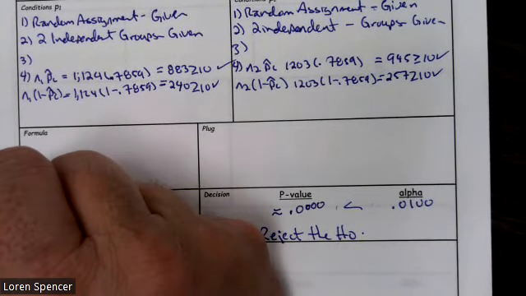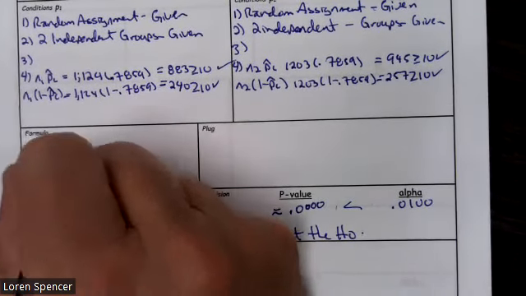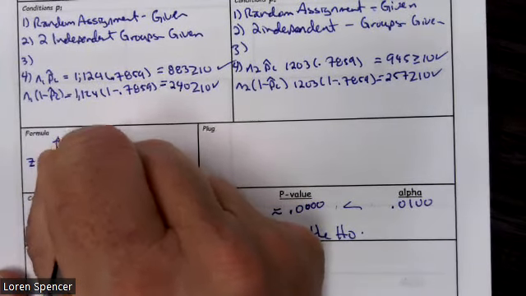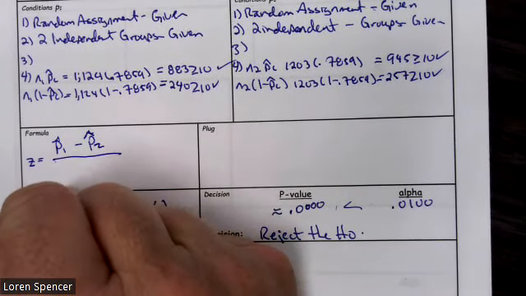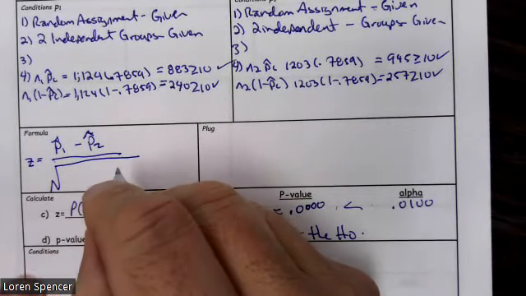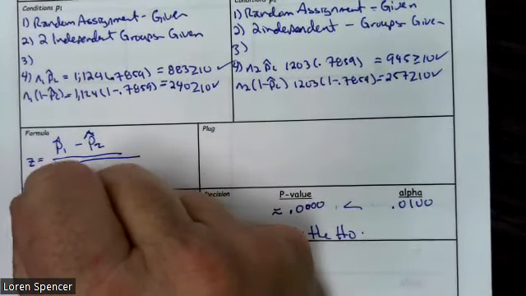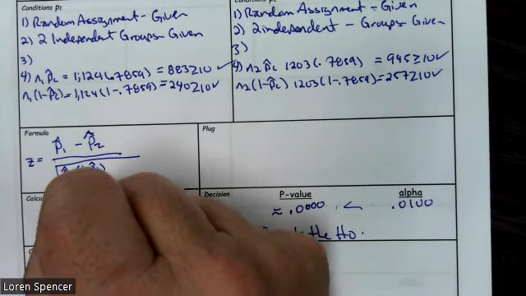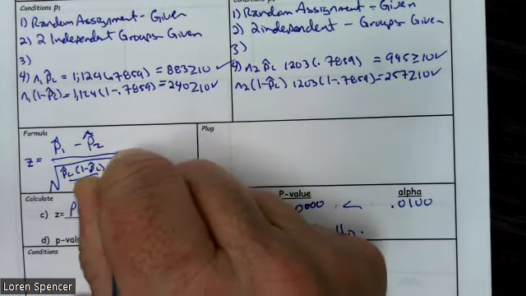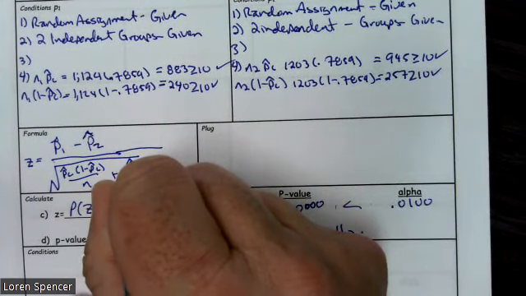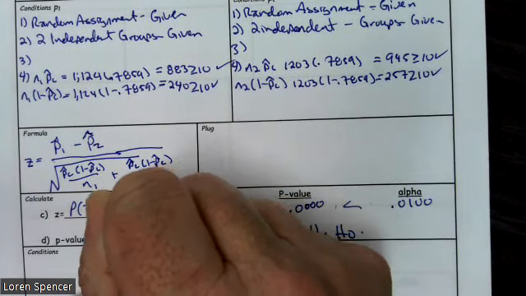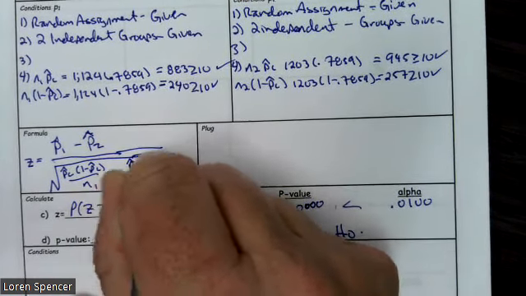So our formula, Z equals P hat 1 minus P hat 2 over the square root of P hat C, 1 minus P hat C over N1 plus P hat C times 1 minus P hat C over N2.